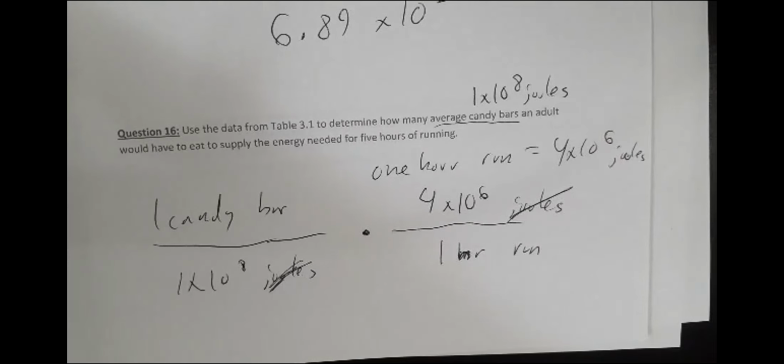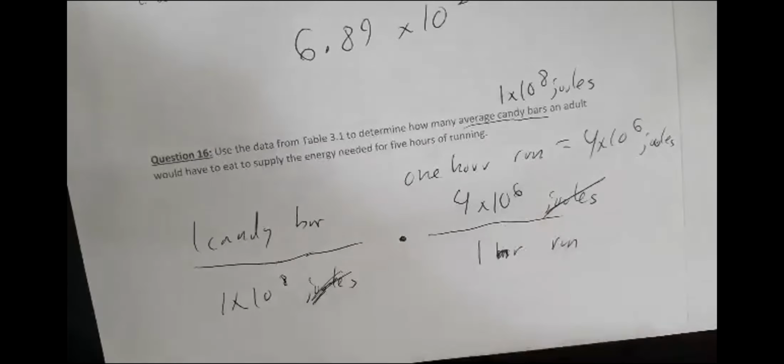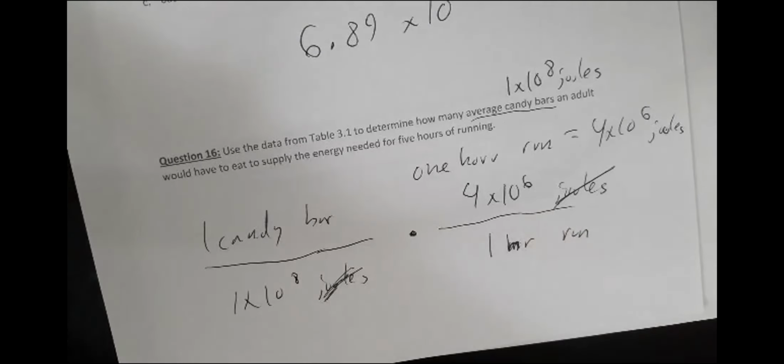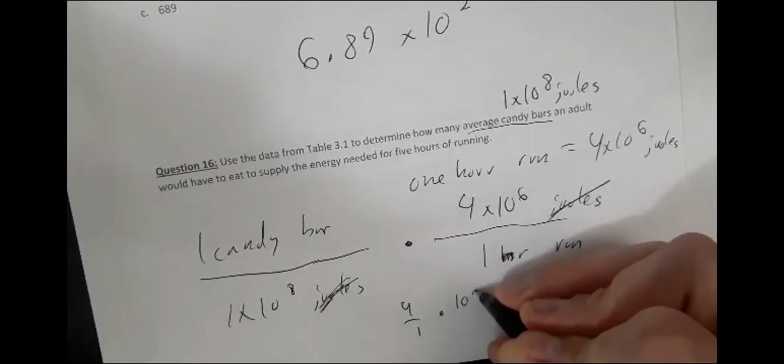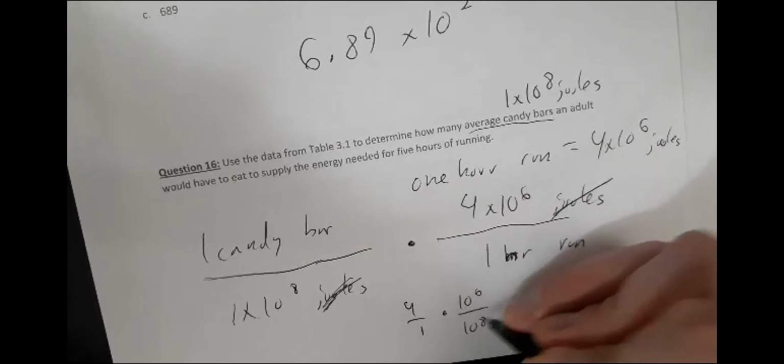So 4e to the 6. And we talked a bit about how to do things in scientific notation, but this looks like I'm getting 4 times 10 to the minus 2 divided by 8. Is that what it is? About 4 over 1 being separate from 10 to the 3, so 10 to the 8.